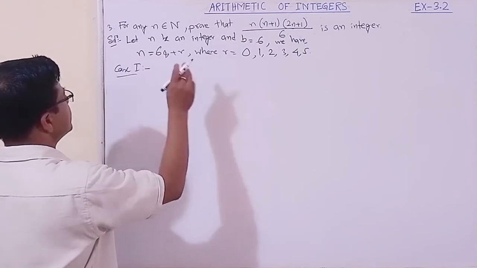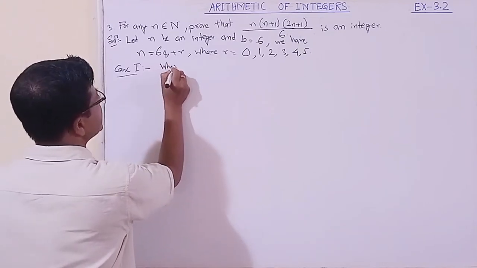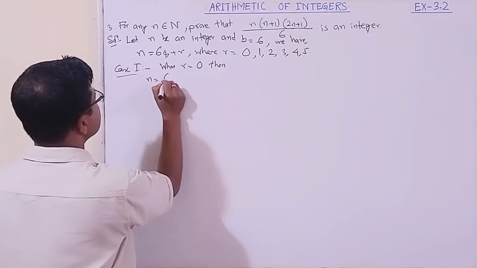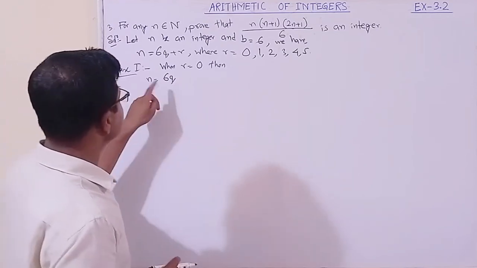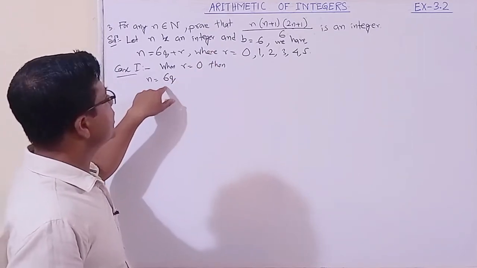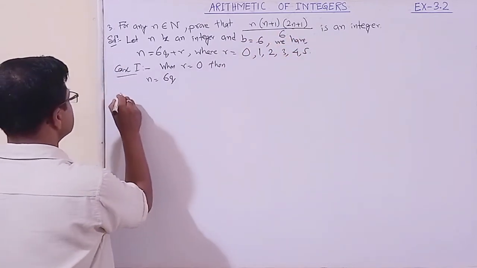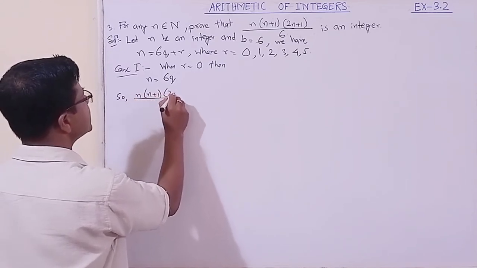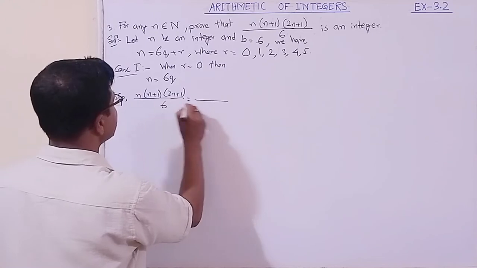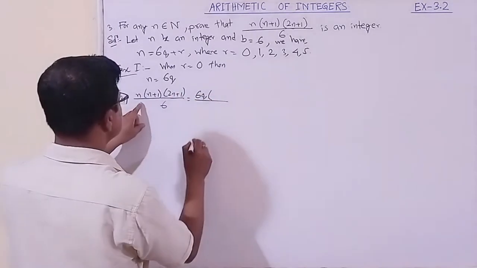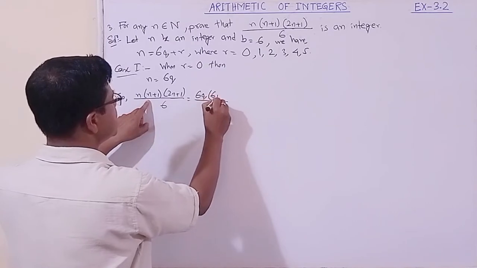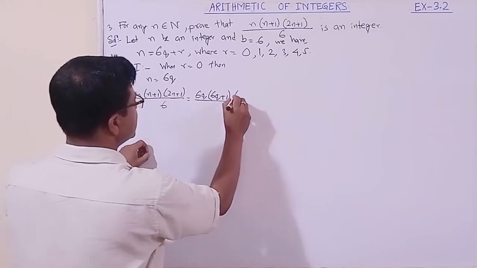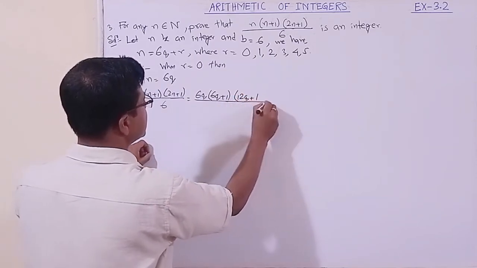Now case 1, when r is equal to 0, then n is equal to 6q. Now this value of n we will substitute here. So n(n plus 1)(2n plus 1) by 6 is equal to, n is equal to 6q, then (6q plus 1), and 2n means 2 into 6q, 12q plus 1, divided by 6.